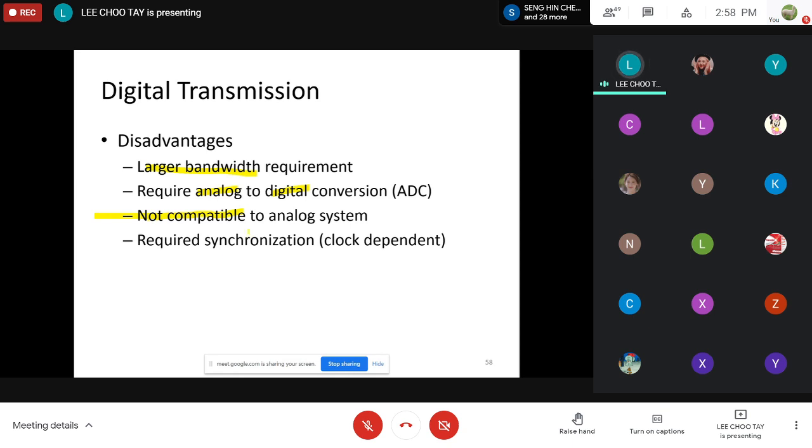So if you have a system in analog only, make sure you digitize it before you connect it to the digital communication system. And because in a digital system we need a lot of synchronization, you definitely need a good clock that can provide a good synchronized signal.